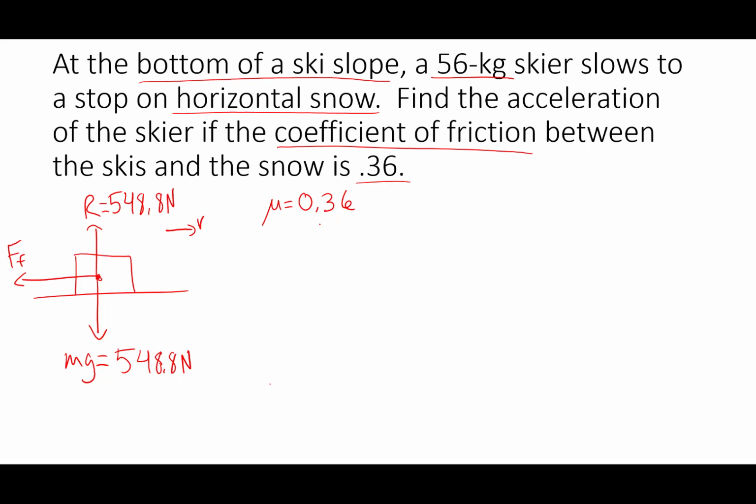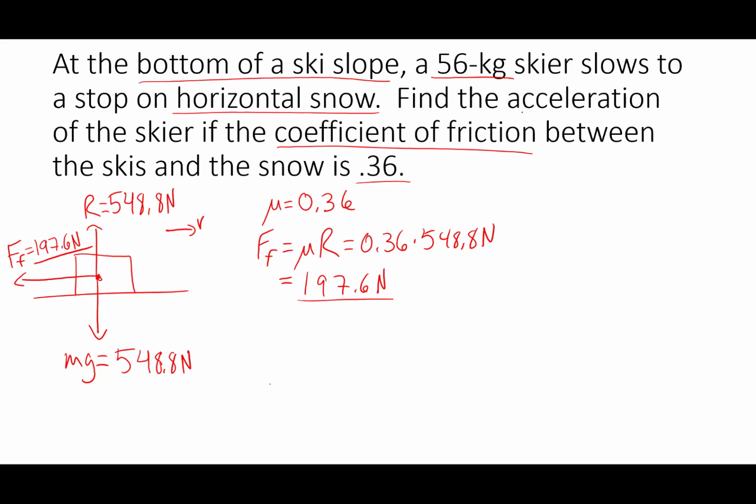Well, if mu is equal to 0.36, then we can solve for FF, because it's just mu times the normal force, which is 0.36 times 548.8 newtons. It's going to be about 197.6 newtons. I'm going to label that in my diagram and underline it, 197.6 newtons, so I know I calculated it.